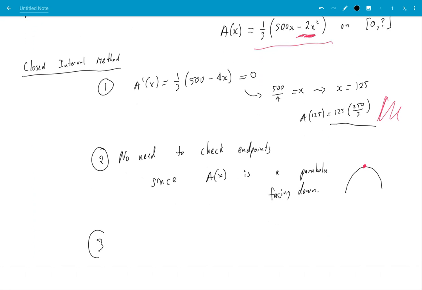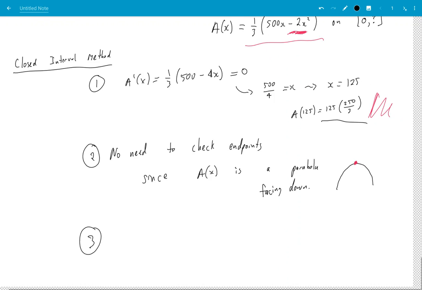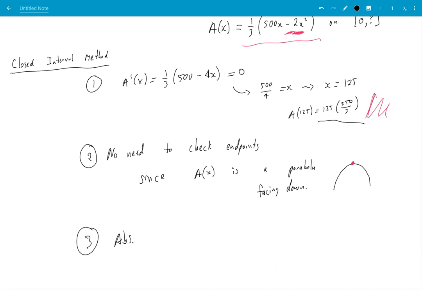So this is a little shortcut. There you have it. That's it. Absolute max is, whatever this number is, 125 times 250 over 3. I'm going to say meters squared. Meters?